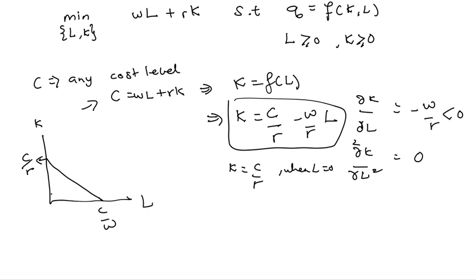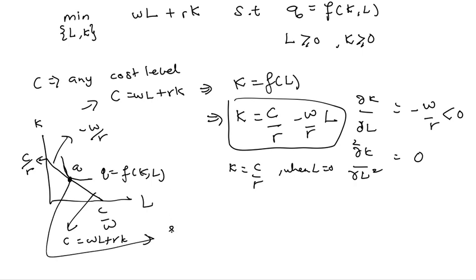after that, for this cost analysis, if you have an isoquant, then you can have something like this. So this is the isoquant, Q equals F(K, L), and then this is our isocost, C equals WL plus RK, and this slope is actually minus W over R. Now at this point, call it point A, the slope of the isocost equals the slope of the isoquant.